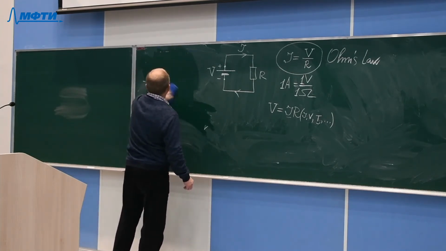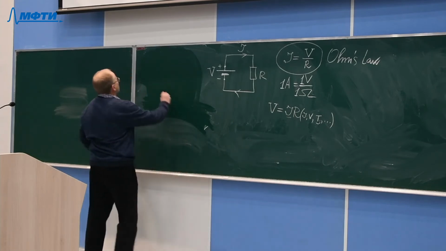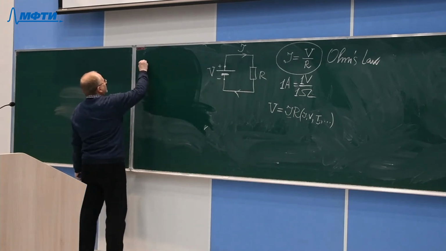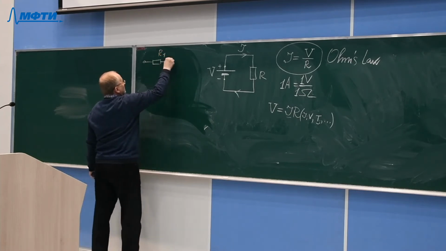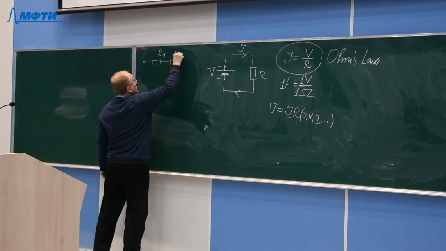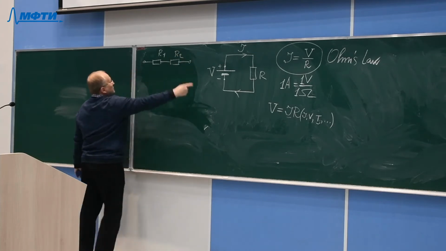connection of resistors. For example, imagine that we have two resistors, R1 and R2, connected in series.